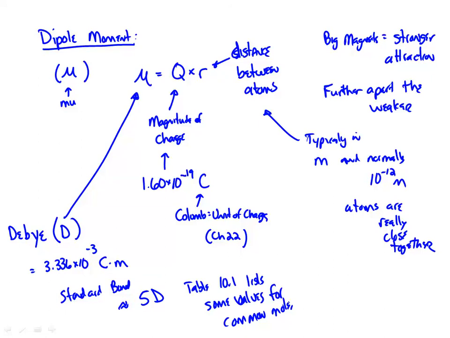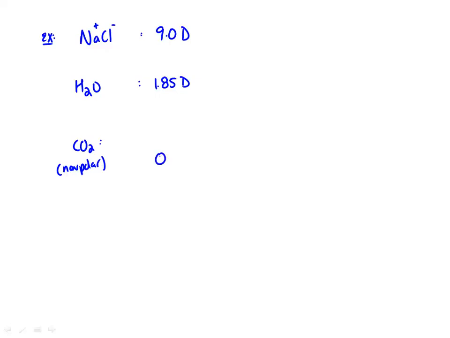For instance, I think it's worth pointing out, plus I know you guys don't have your books, NaCl, which technically is a plus and a minus charge, has a value of about 9.0 Debye. And if we take a look at water, which we said is pretty strong, it has about 1.85 Debye. And if we go down to something like CO2, which is really pretty nonpolar, we get a value of 0.